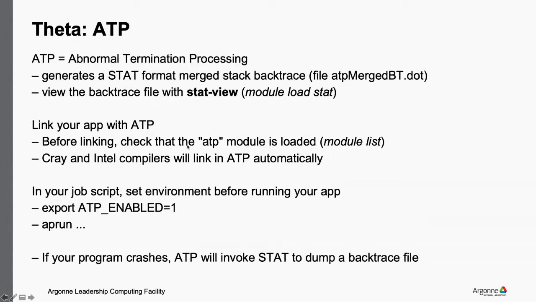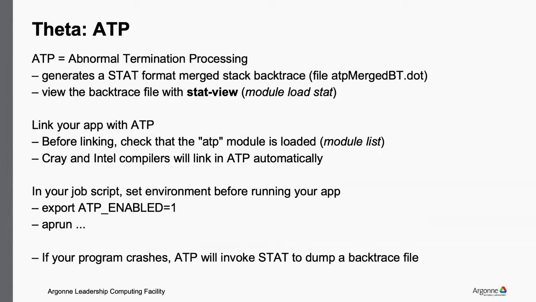Before you link your program, you should just check that the module called ATP is loaded. It should be loaded by default, so you really shouldn't have to do anything, but you can do a module list and see if it's currently loaded. Just look for ATP. If you're using either the Cray or the Intel compilers, which Intel will be by default, then you should be set.